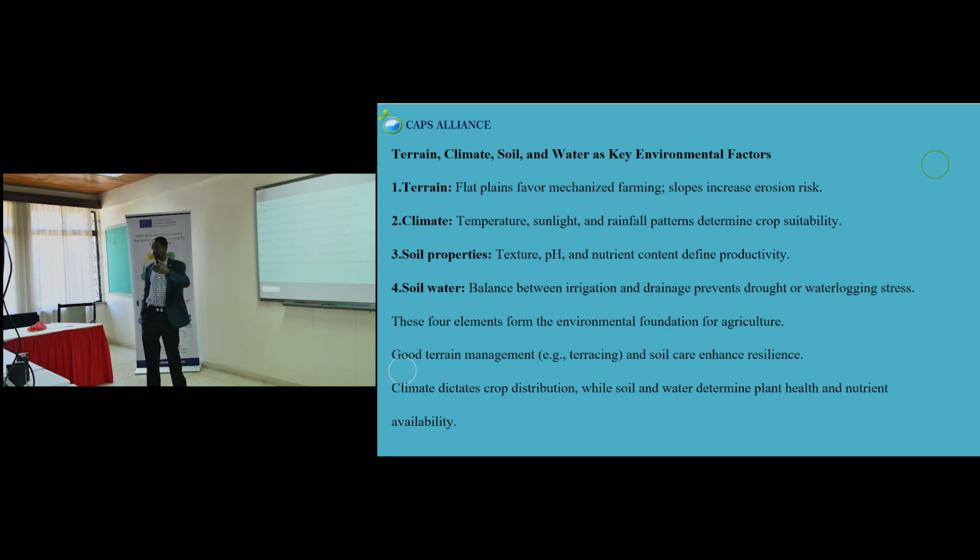You need to know what soil pH is required for a given crop. Nutrient content defines productivity. You don't need to add too much of nutrients, just add what you are able to add. Soil water balance between irrigation and drainage. Of course, every crop requires water, but the water must be sufficient. Don't waste the water. Next.